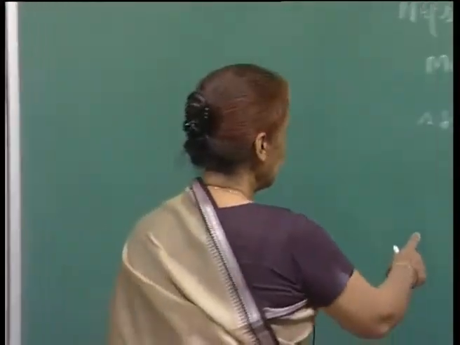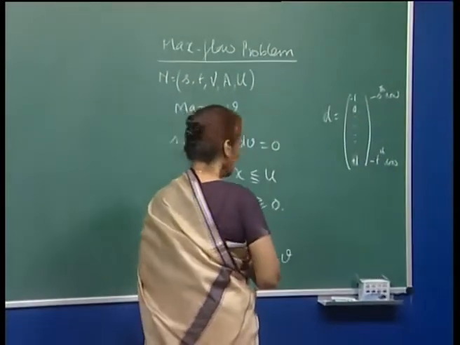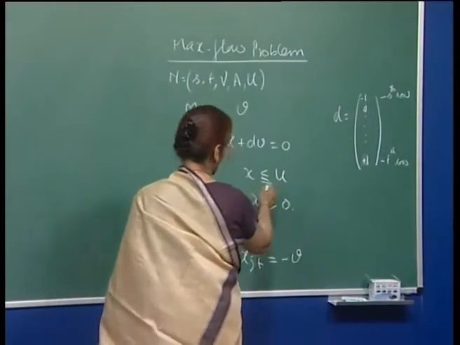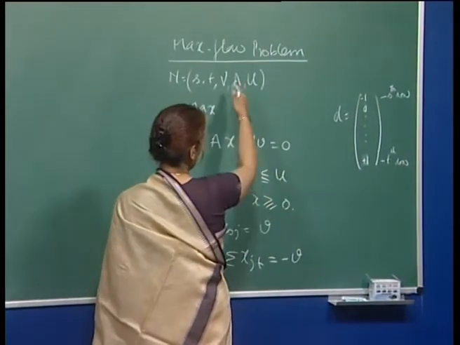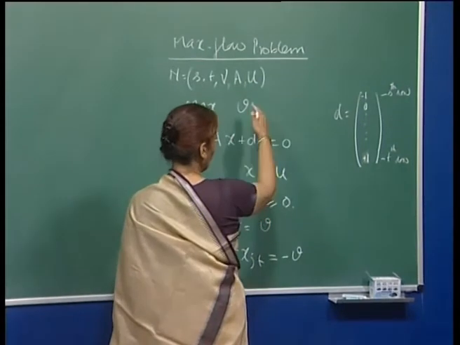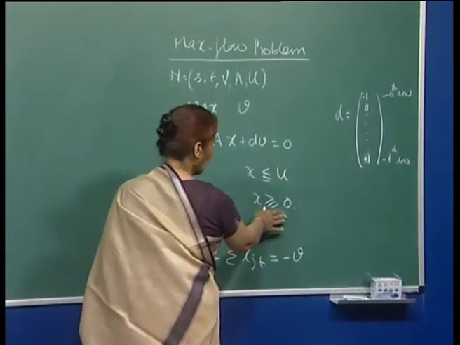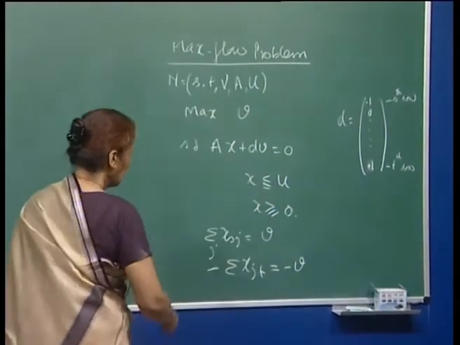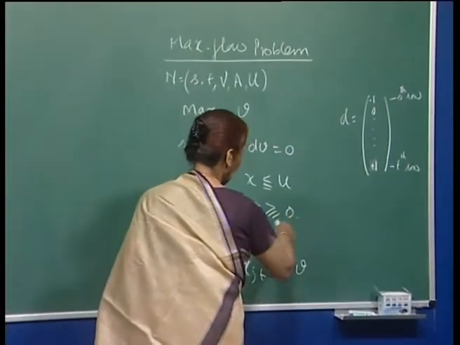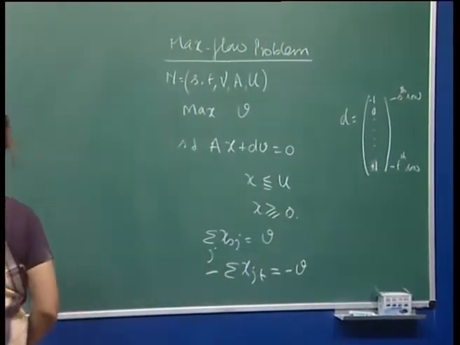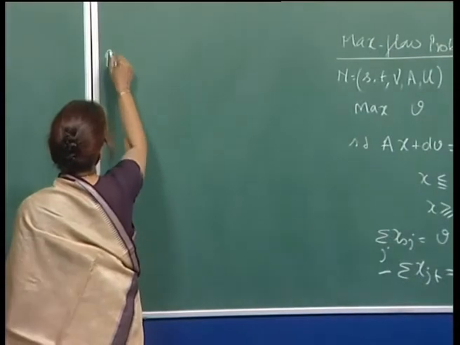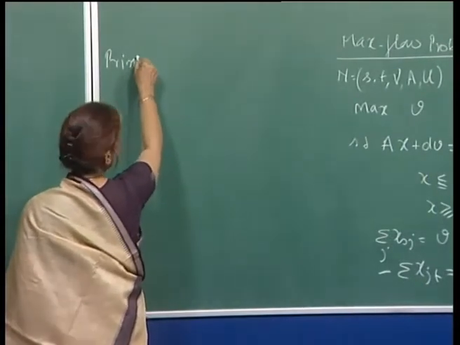So I will write all the constraints as less than or equal to, because this is a maximization problem, a dual problem. I am looking upon this as a dual problem, right. So just rewrite this as less than or equal to 0, right. In that case, what would be your primal problem?